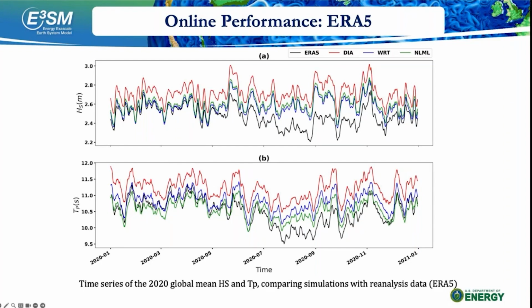What you can see here is that all parameterizations captured the general variability observed in ERA5, and you can see that the WRT and the ML model follow each other closely, and also follow ERA5 compared to the DIA. You can see this large positive bias in DIA, and the same thing can be said for the peak wave period. So our ML model is really doing a better job than the current DIA approximation in the wave model.